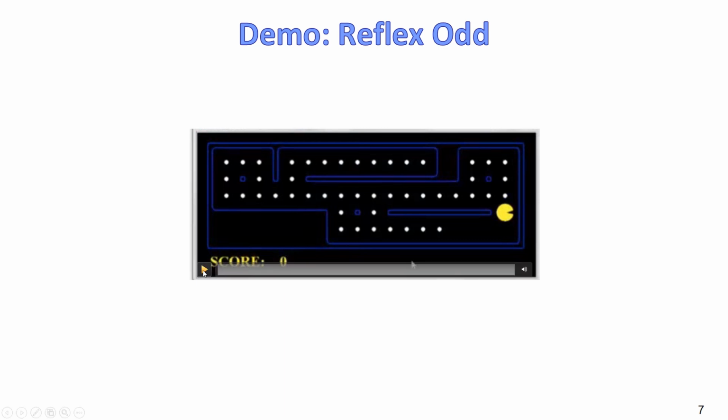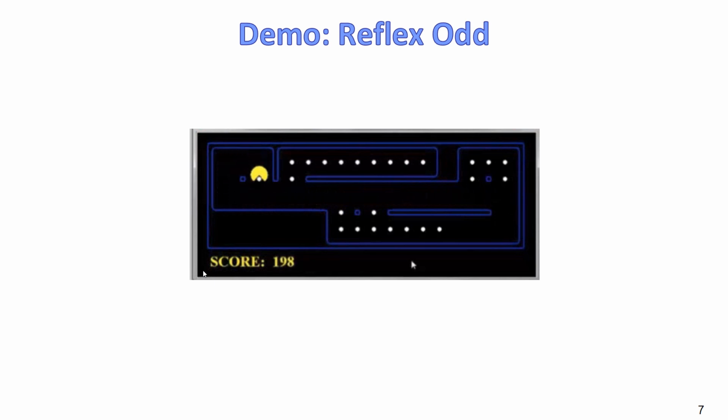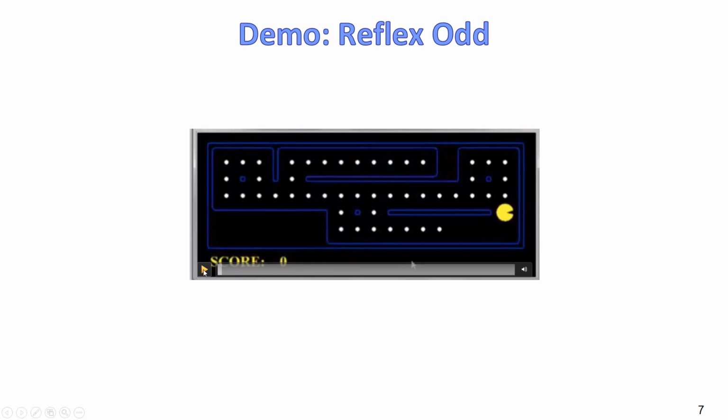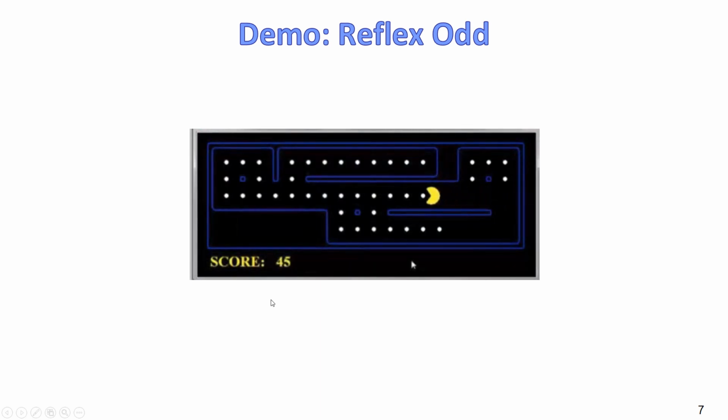Let's see what will happen. It goes very well now. Then what's going on here? It's stuck, and it will be stuck here forever. Let me show it again. It will start very well, going to the nearest dot, and then get stuck.